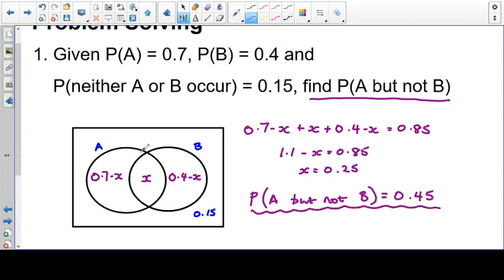Okay, so if you need to draw a Venn diagram and you don't know what the intersect is, then you can call it x or some letter, and form an equation in order to work it out.